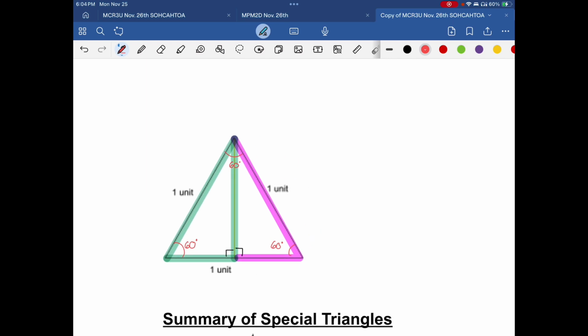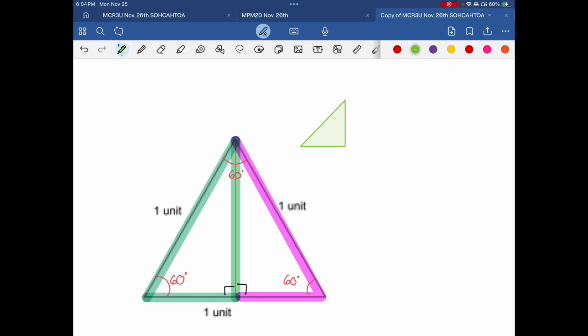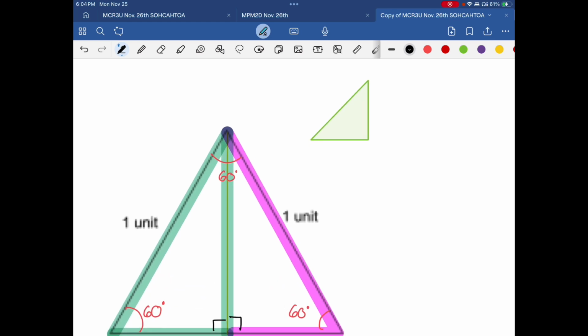Amazing. But, as you just realized, we just split this equilateral triangle into 2 different triangles. So, let's see what we have. I would still have a 60-degree angle. Because I made it a right angle triangle, I know I have a right angle.